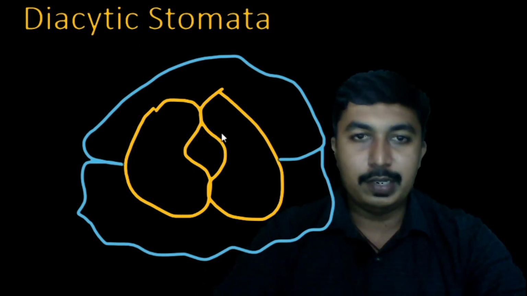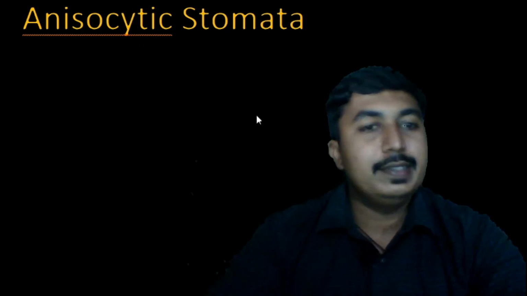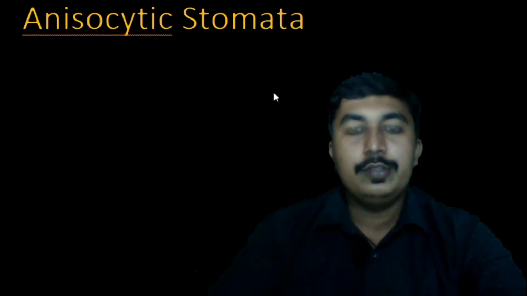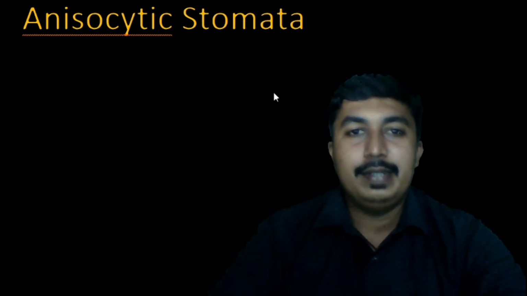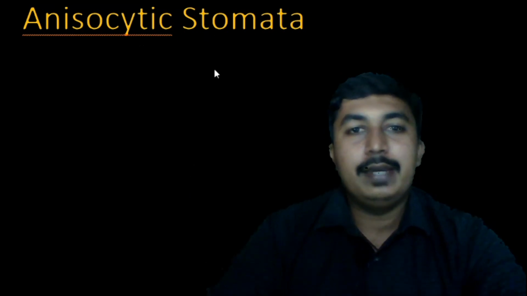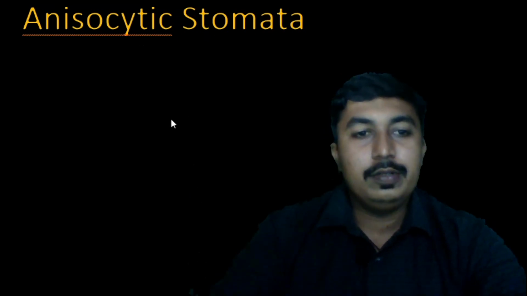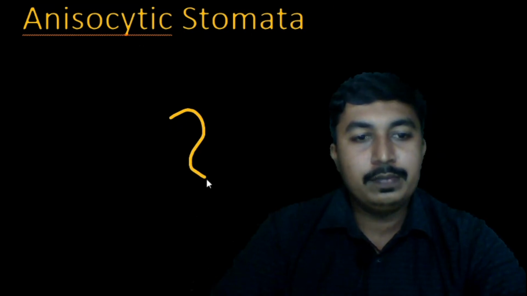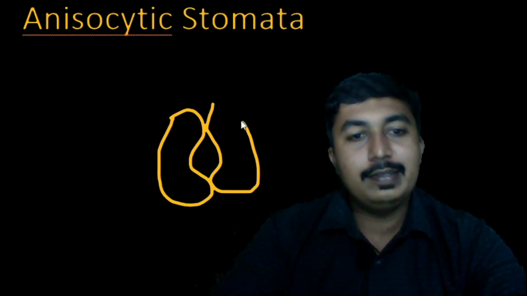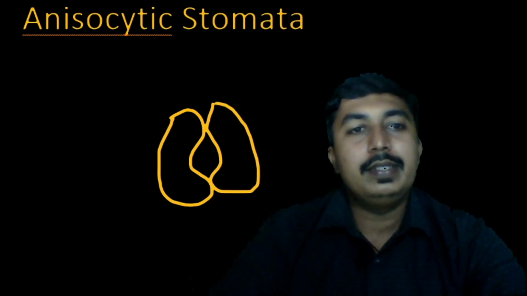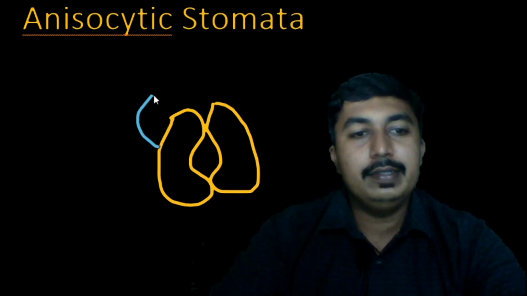Now the third type of stomata, that is anisocytic stomata. So we have studied paracytic and diacytic stomata. Now the third type is the anisocytic stomata. In anisocytic stomata, the guard cells, that is two kidney shaped cells, are surrounded by three different subsidiary cells.